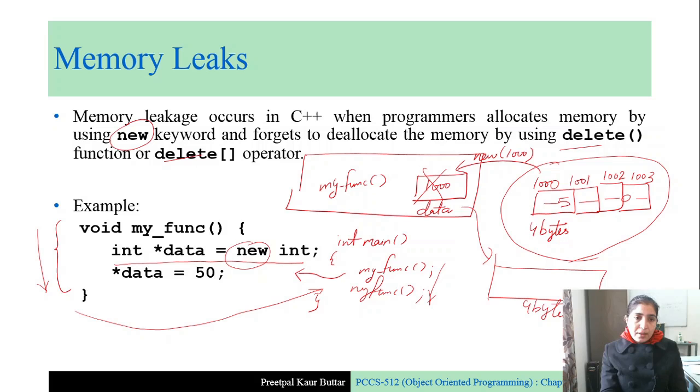The correct format of this function should be that at the end we write a delete statement, delete data. Now before this function terminates, it will release this integer which has been occupied, then destroy all the data occupied by this function itself, and only then it will return.